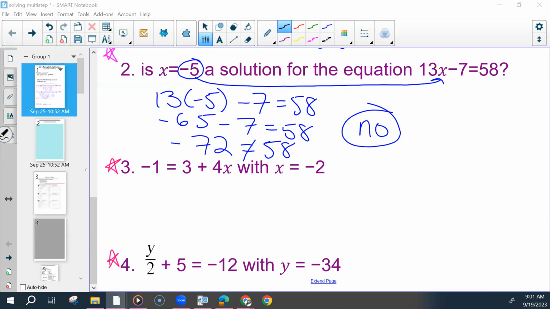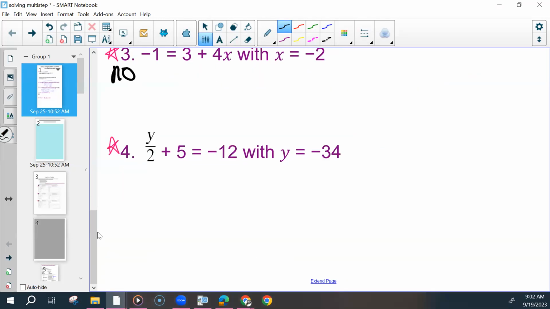Yes, okay, great. For number 3, was this a solution or was this not a solution? No, it wasn't. And then number 4, was that a solution or was that not a solution? Yeah, it was.